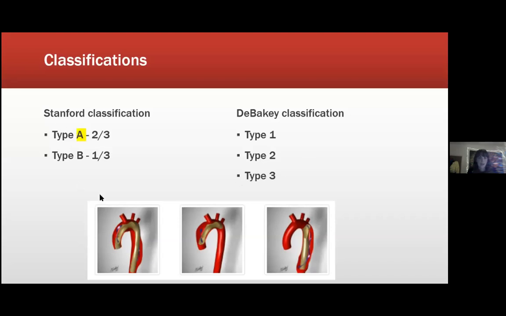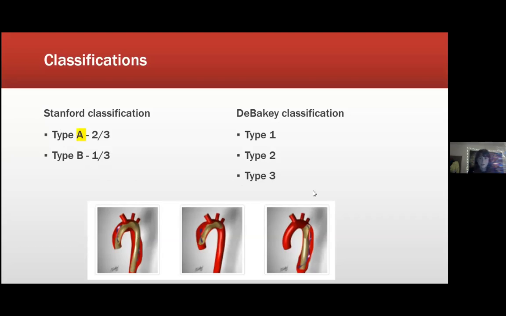I've highlighted the A because it stands for ascending, that's right, ascending aorta. So that would be the bit leading up to the aortic arch. And then type B is the descending aorta.